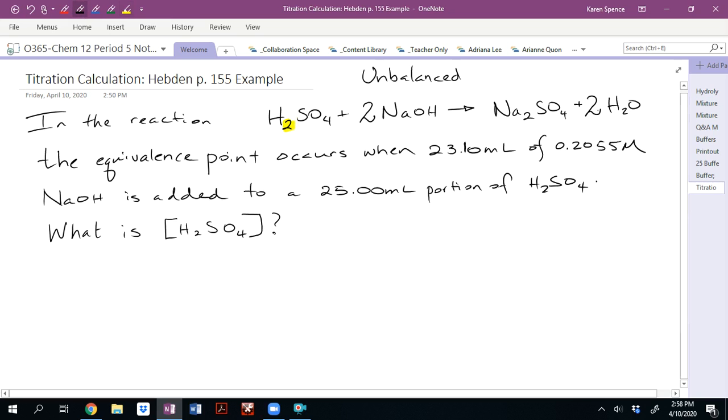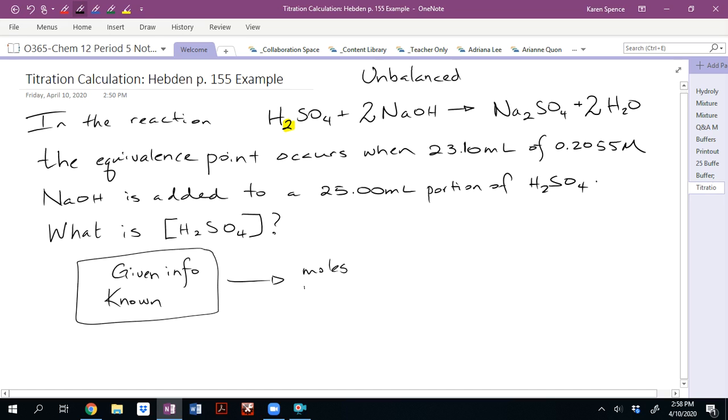waters. Okay, any titration problem, you're going to go from whatever given information you have for your known info, you will convert that into moles of your known substance.